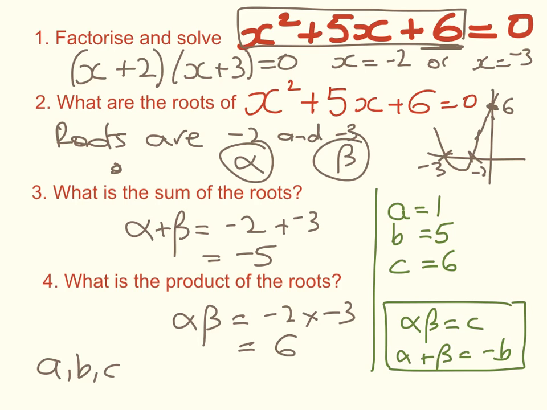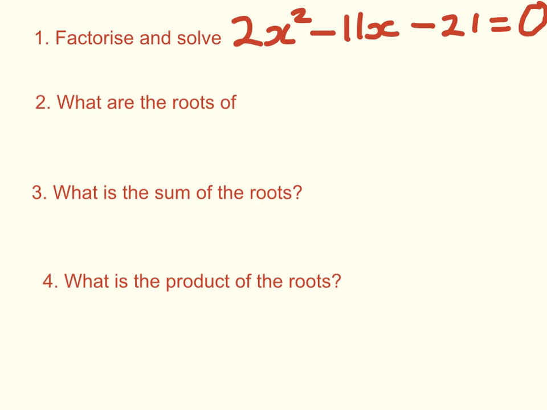But that was for a very easy example with an x squared term. We're going to take a look now at a slightly harder one, which has a 2x squared at the start. Okay, pause the video and try and do the same 4 questions for this equation.